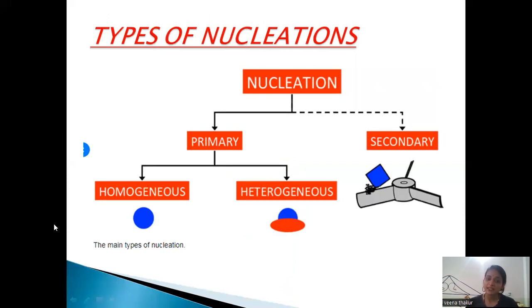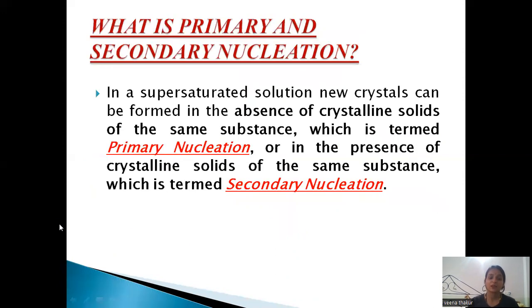Now let's see the types of nucleation. Nucleation is generally classified into two categories, primary and secondary nucleation. Primary nucleation is again classified into homogeneous and heterogeneous nucleation.